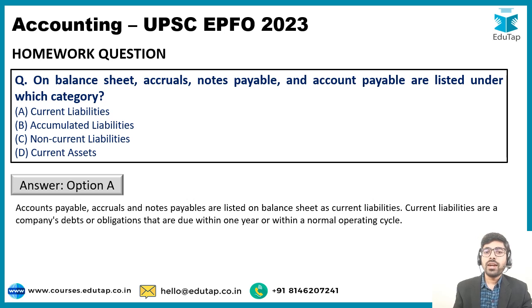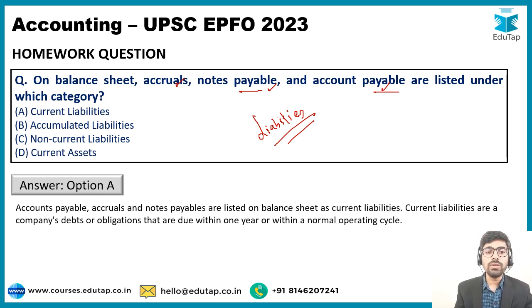So friends, let's start our discussion with the answer of the homework question. In a balance sheet, the accruals, the notes payable and accounts payable. So we are talking about our payable items. So these payable items ये हमारी liabilities हो जाएंगी. And these accounts payable are our short-term liabilities, and short-term liabilities are classified as current liabilities.